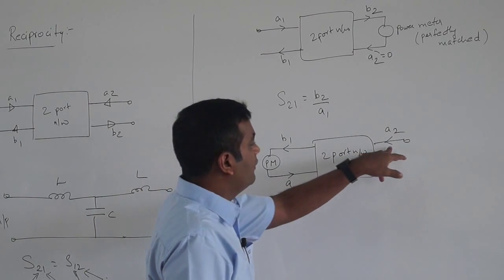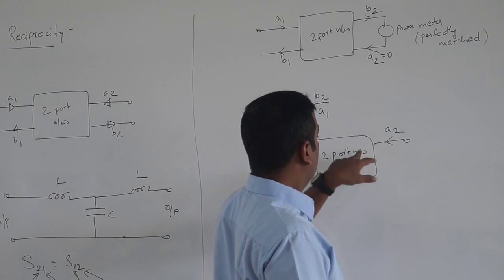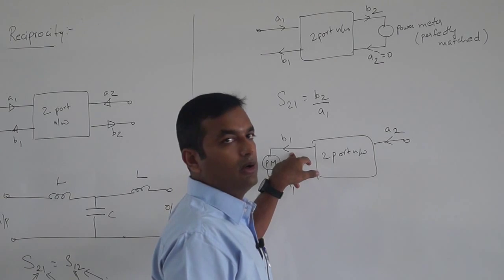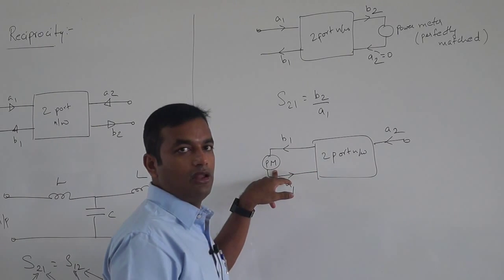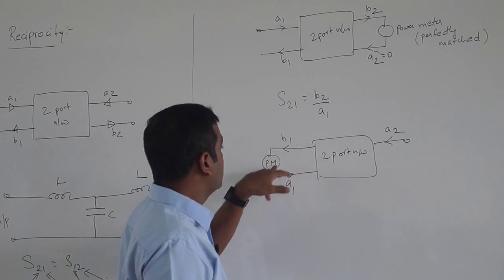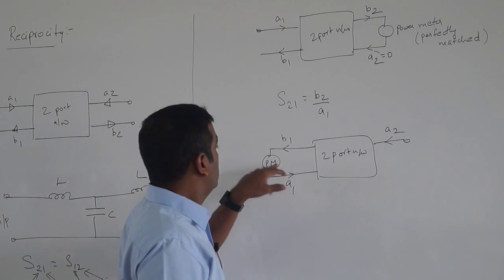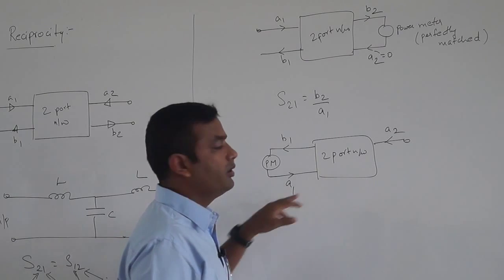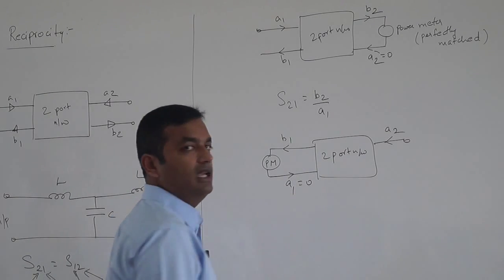You give an input A2, the signal is processed in the two-port network and comes out as B1. The output is measured in a power meter, so all the signal is absorbed and no signal enters back into the two-port network. So A1 will be 0.